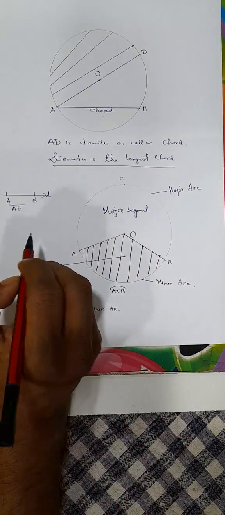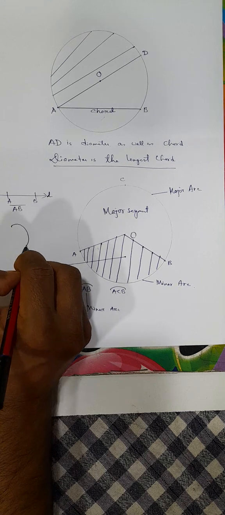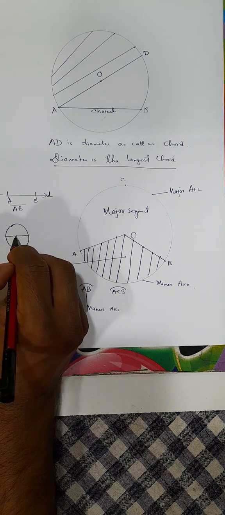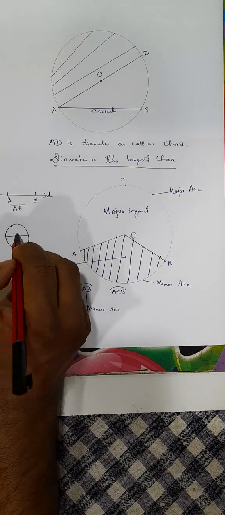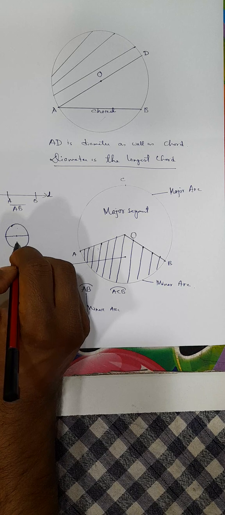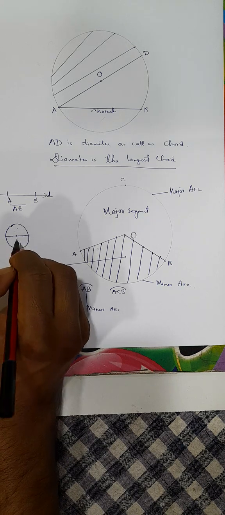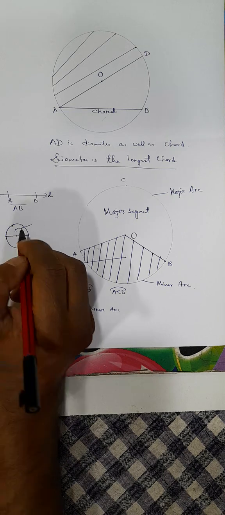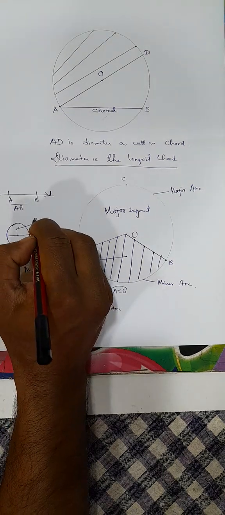Now if you draw the diameter of a circle, you see the diameter divides it into two equal parts. That means both segments are equal, and each one of them is called a semicircle. This region is called a semicircular region, so we call it a semicircle.